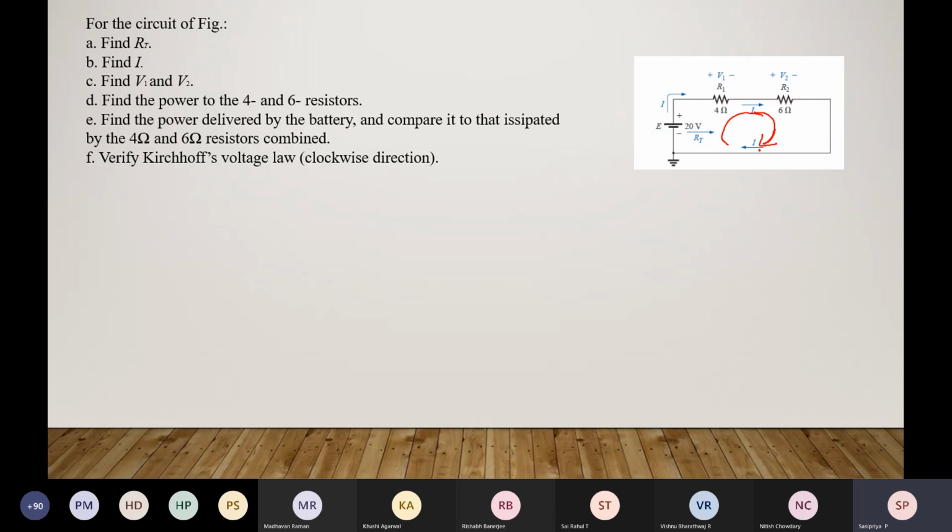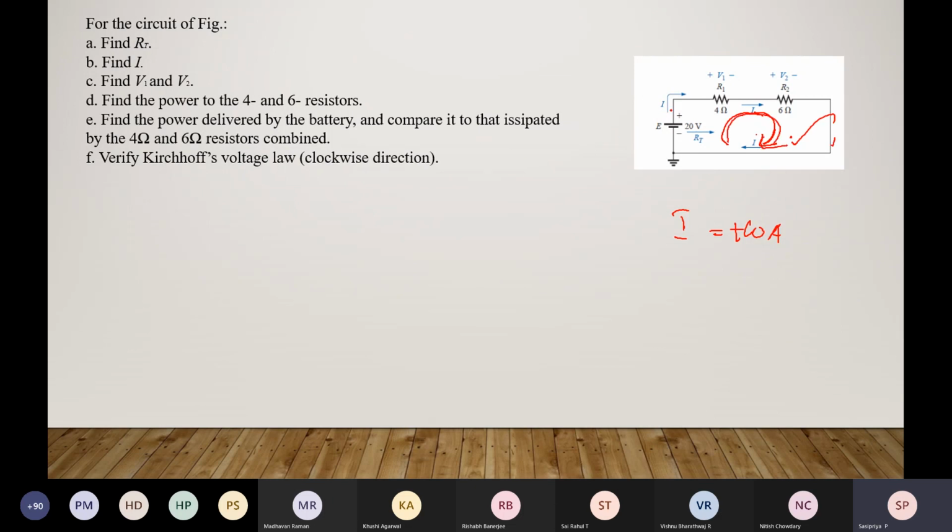Then after I analyze the circuit, I find the current I is equal to 20 by (6 plus 4), that is 10, so we are getting plus 10 amps. Since my current is plus 10 amps, my assumed current direction is correct. The original current flows like this only.